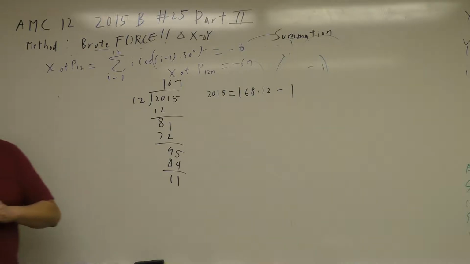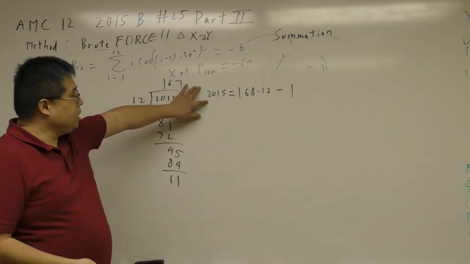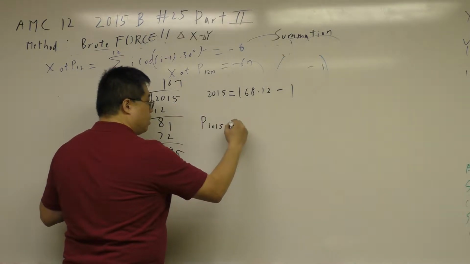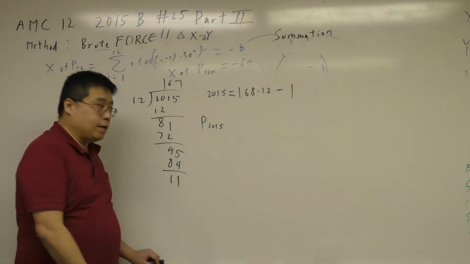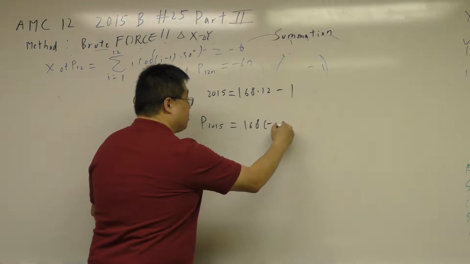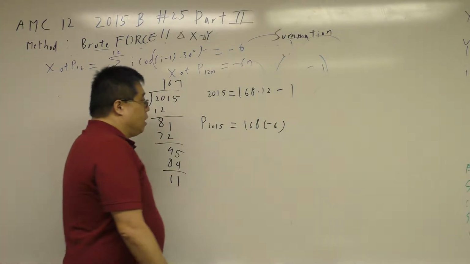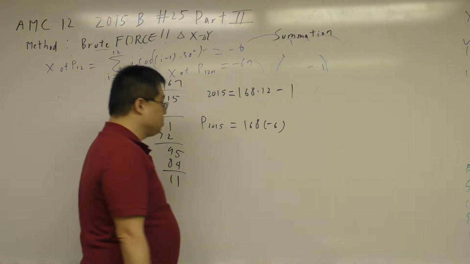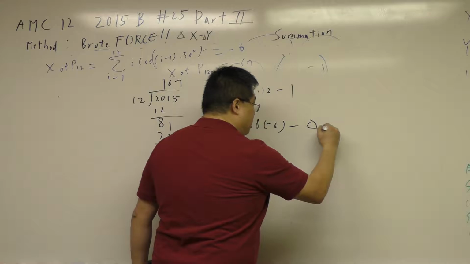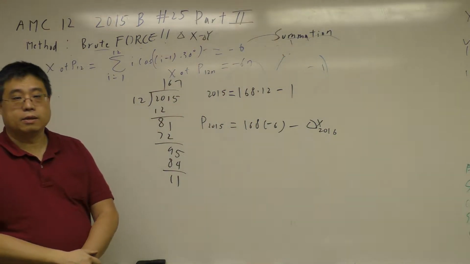In other words, to get the x coordinate of the point P 2015, you can think of it as 168 times minus 6, because every time you go by 12, you decrease by 6. And then we have to subtract whatever the 2016's change would be.